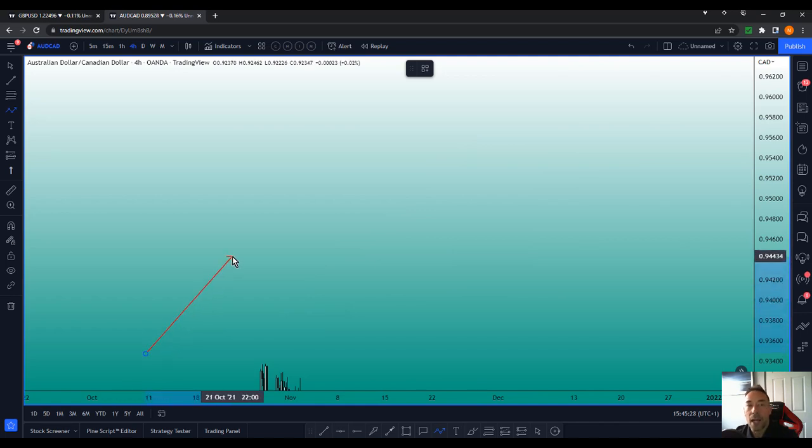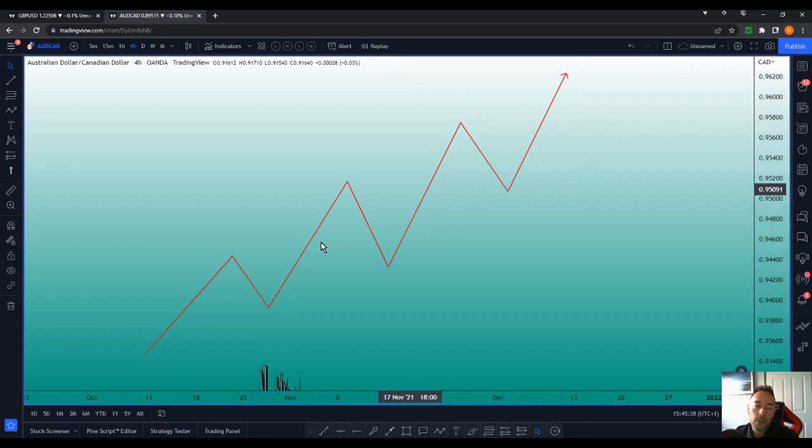We'd have what we call our impulse move, a correction, impulse, correction, impulse, correction, impulse, etc. And what you would typically see is these highs getting higher and these lows getting higher as well. And that is the technical definition of an uptrend, when price is making higher highs and higher lows.